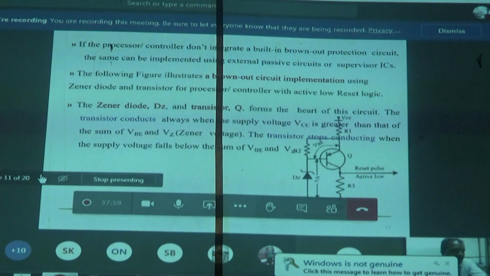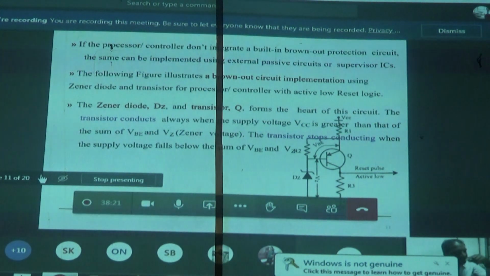The transistor conducts always when the supply voltage VCC is greater than the sum of VBE and VZ. Now if you see here, VCC is the supply voltage, compared against VBE plus VZ. Look at this diagram.